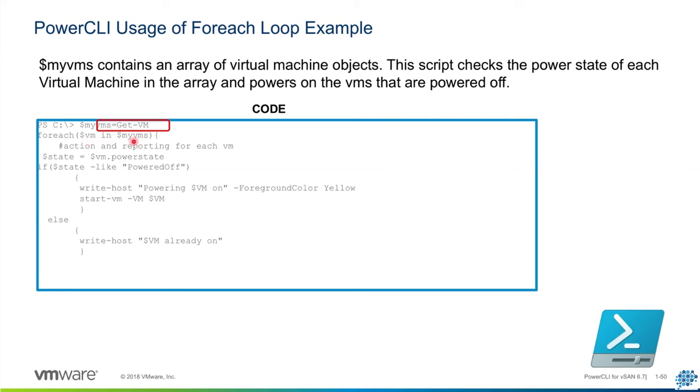Each and every time this loop runs, it will take the value of one of the virtual machines. So if I have 10 virtual machines in the environment, then this loop is going to run 10 times, and then it is going to perform the actions given here. If the state is powered off, it will try to power it on, else it will just say that the VM is already on.